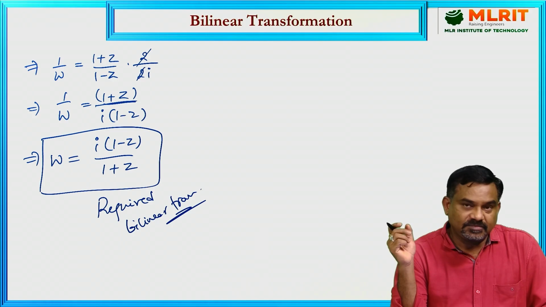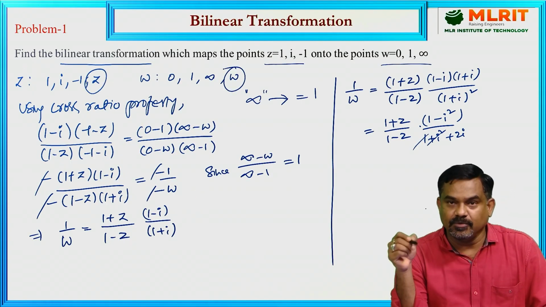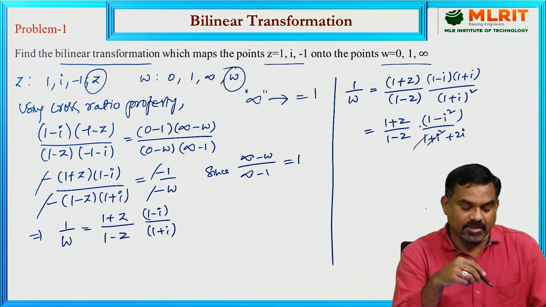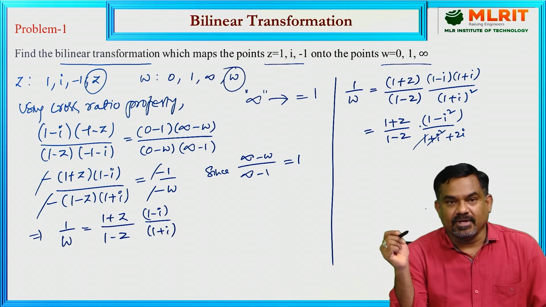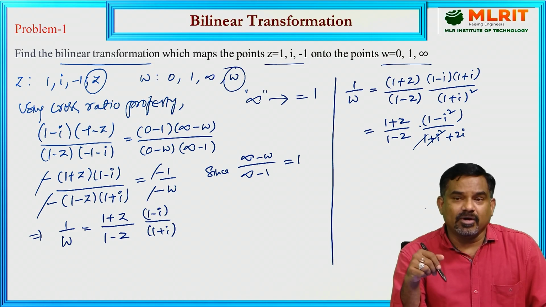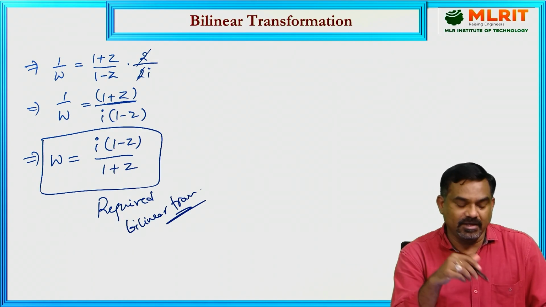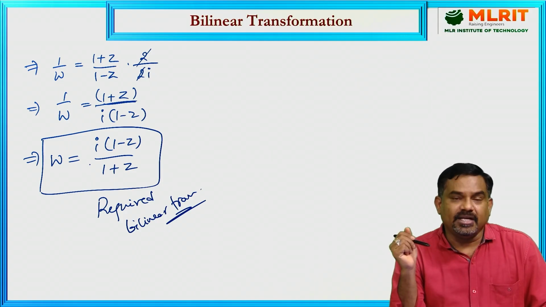So if 3 points are given, we consider the fourth one as z and W respectively for the z plane and W plane. And then sometimes, if necessary, we apply the componendo and dividendo rule to simplify the ratio, and finally we can obtain the bilinear transformation.